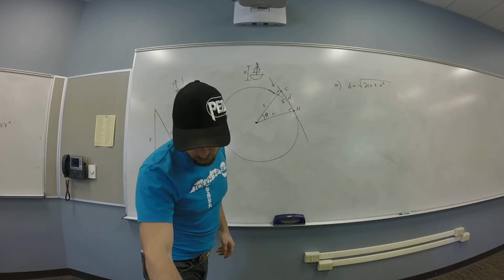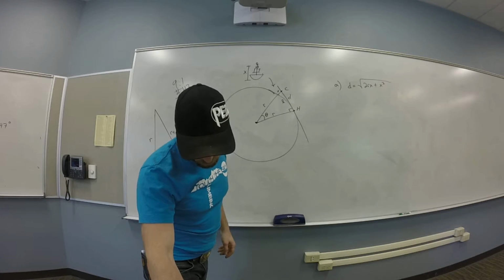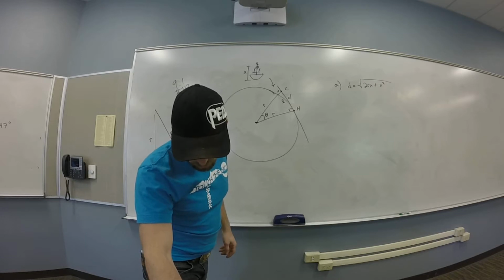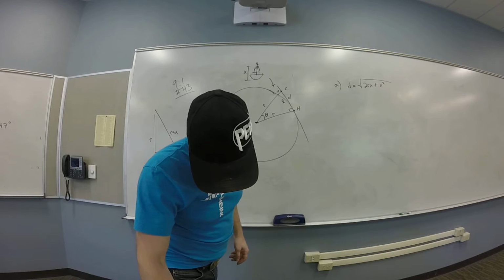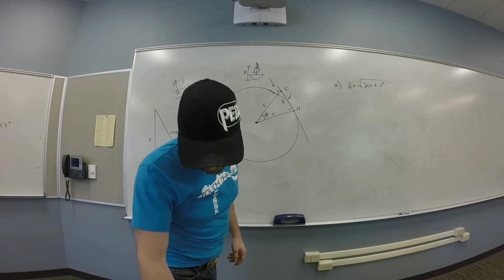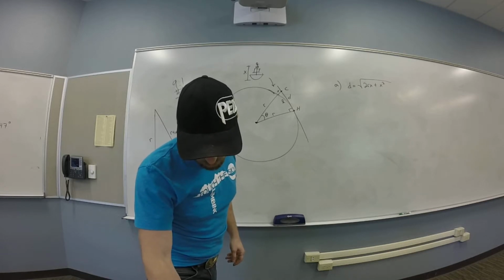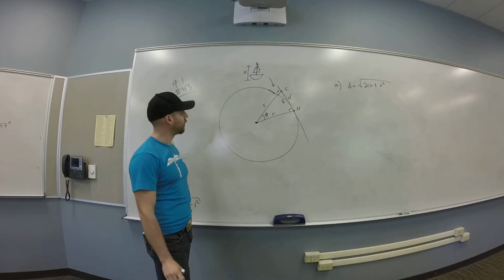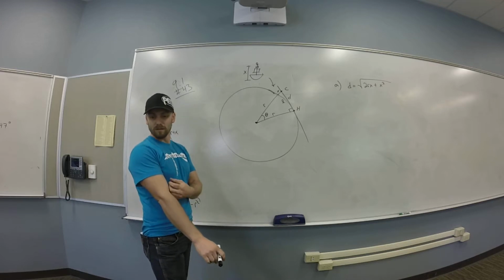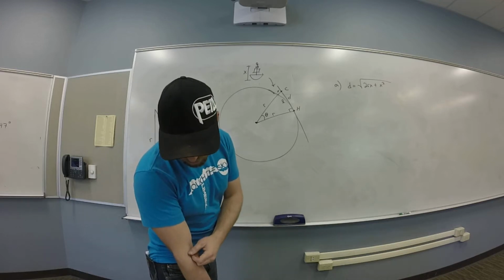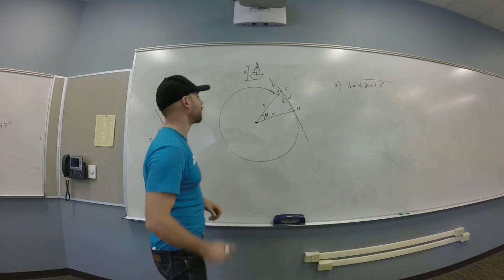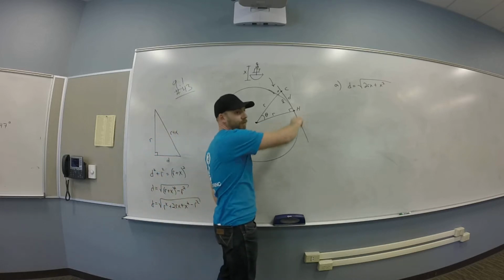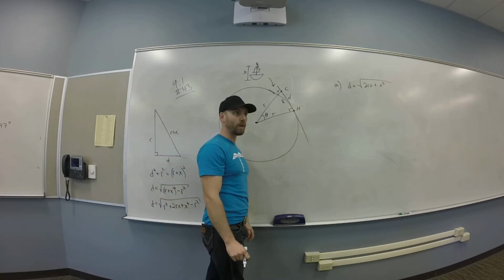Wait, did I not do part A? Find formulas for d, the distance you can see to the horizon, and L. Oh, I see. I didn't do the part about L. There's not going to be a formula for H, because H is just a point.